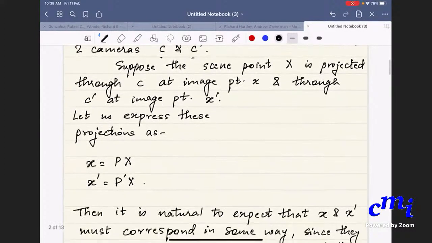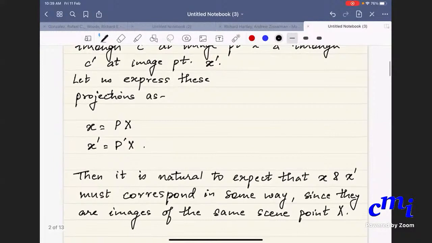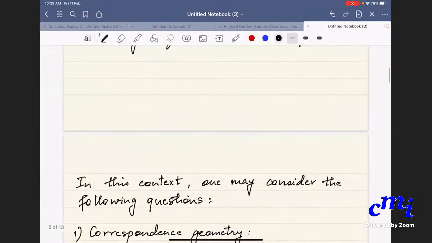We have already seen that the first image point small x is the camera matrix for the first camera times the scene point. These are equations that we saw when we studied camera matrices and homography, in single view geometry. So it is natural to expect that x and x prime should relate to each other in some way, and that is what we want to study now.